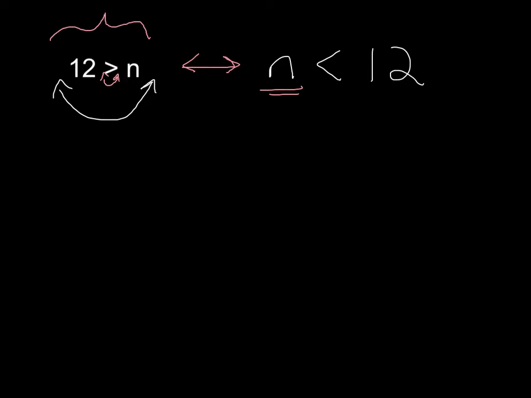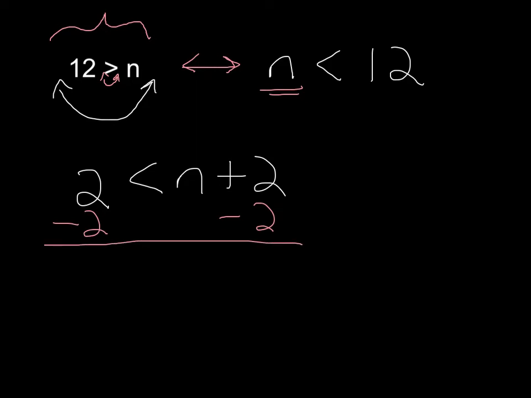So another example could be 2 is less than n plus 2. Well, we have to subtract 2 from both sides. We end up with n is greater than 0.